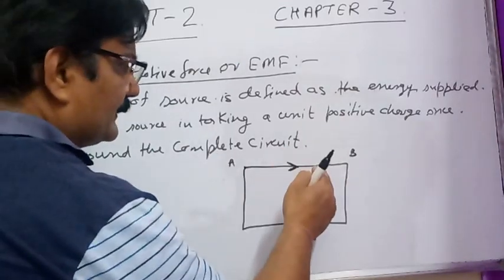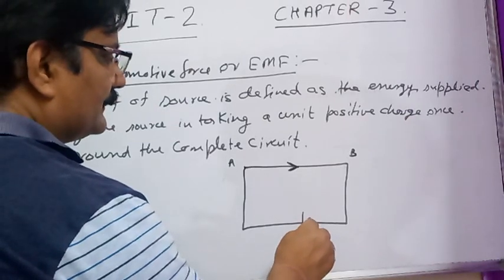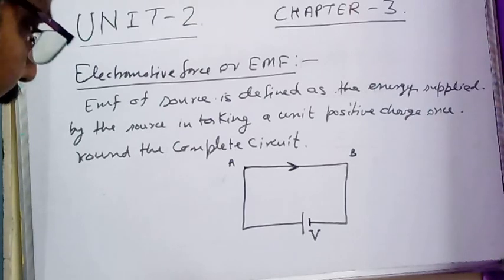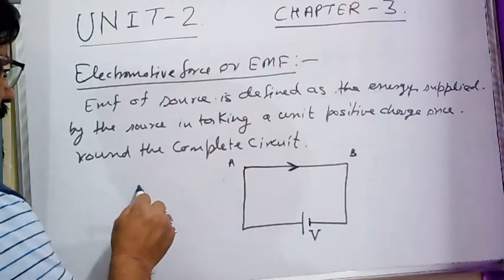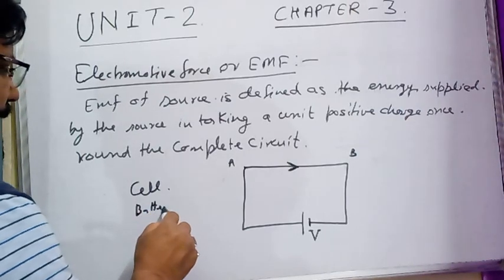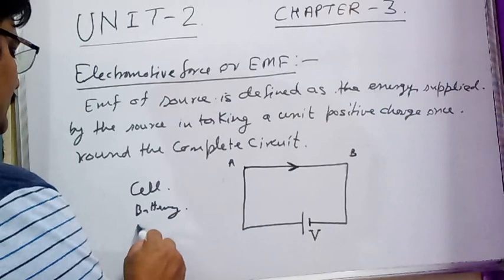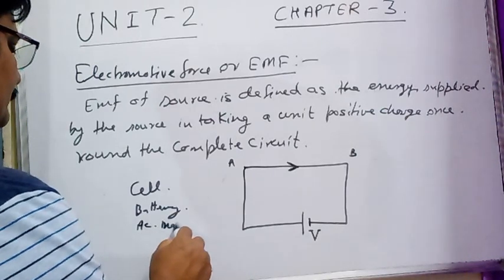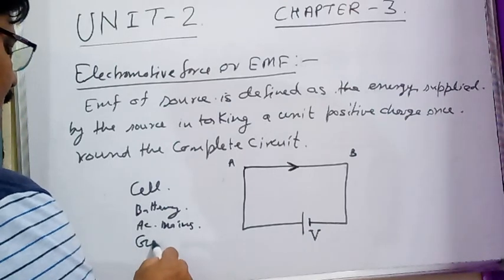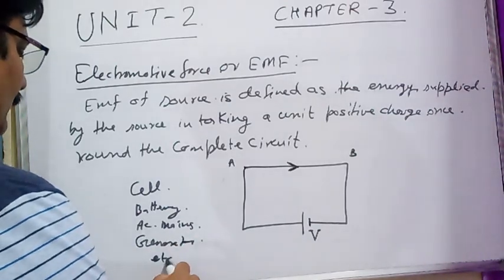For the flow of electric charge, some potential difference is needed, and this potential difference can be applied with the help of some external potential source. That external potential source can be a cell, it can be a battery of many cells, it can be AC mains, it can be some generator, etc.